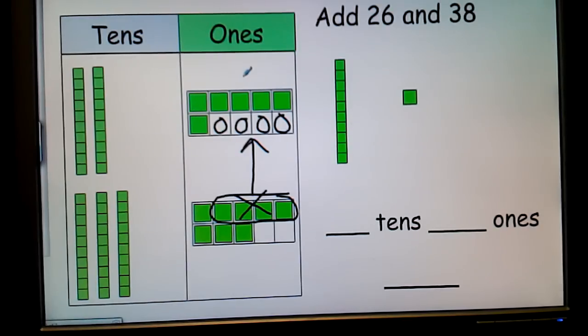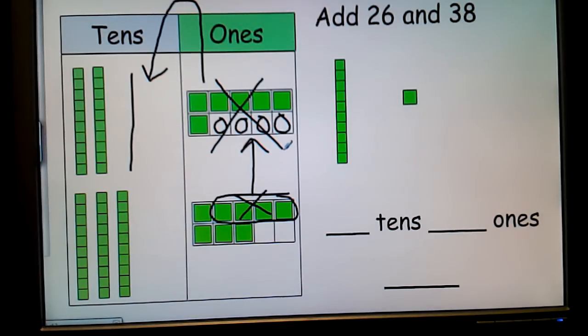When I have a full 10 frame, I know that I can take these 10 and make it into a long. When I do that, I'm going to cross those out. Now, I don't have enough to fill this other 10 frame, so it looks like that's all the regrouping I can do. I regrouped these 10 ones into one 10.